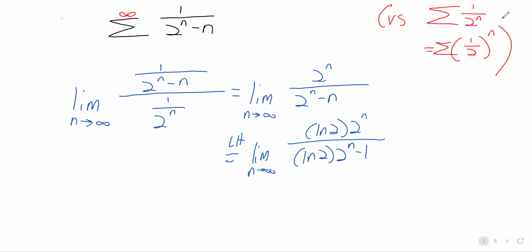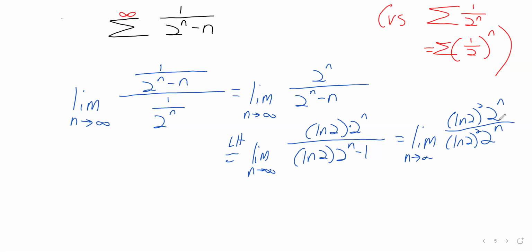Hit it with L'Hopital's rule again. We'll just get a second natural log in the top and the bottom. The -1 goes away when we take the derivative. This natural log of 2 is a constant. It just sits there.